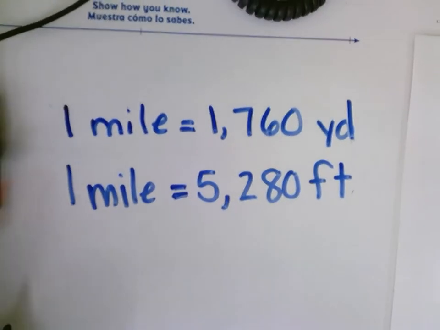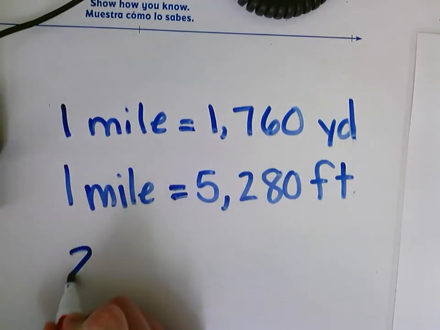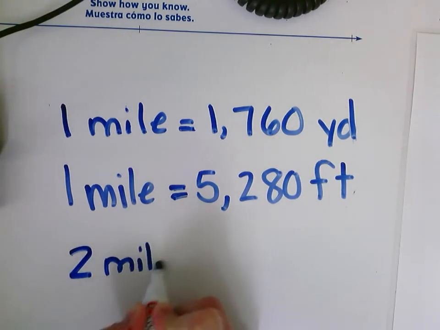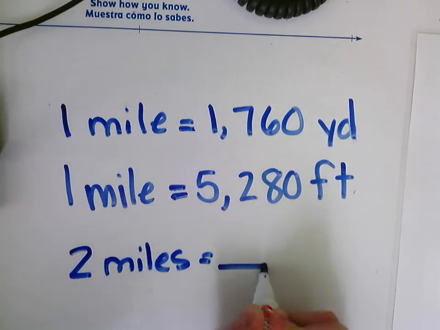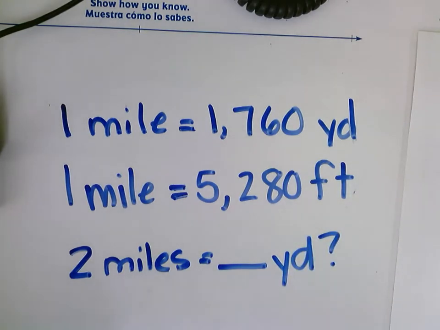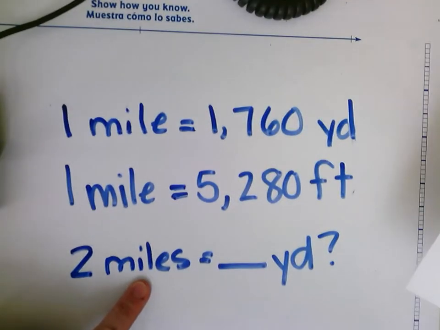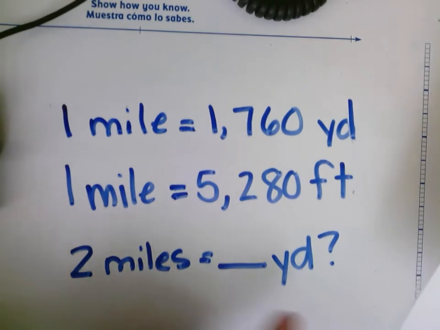If 1 mile is 1,760 yards, how long is 2 miles? 2 miles is equal to how many yards? Again, I'm going to look at my miles and my yards. I know how many miles I have, and miles are much bigger than yards.